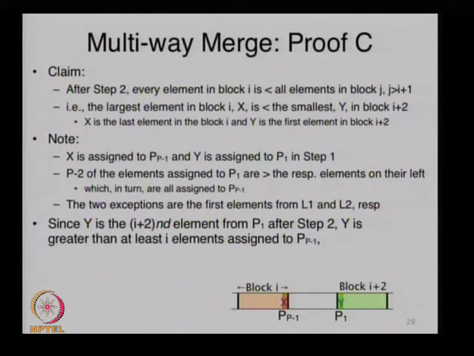L1 was sorted, L2 was sorted. So whenever you gave element 16 to P0, you definitely gave element 15 to P15. For every such P0 assignment, bar 2, there is a P15 assignment to its left. Okay? So that's all this is saying.